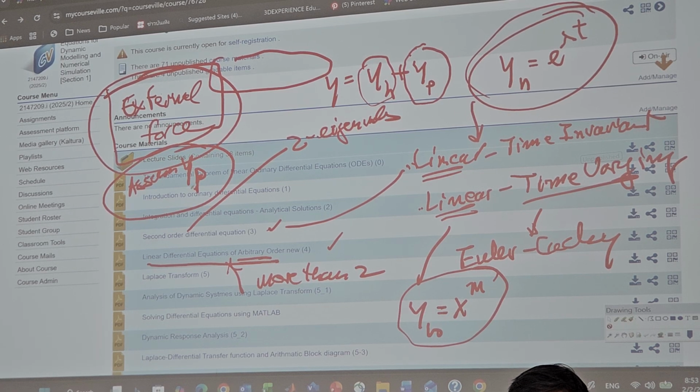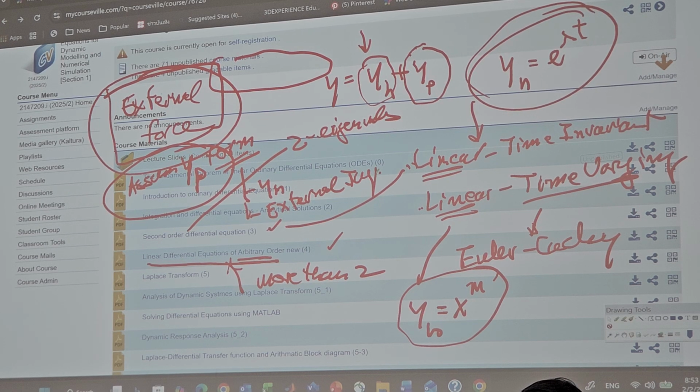To solve this one, you just assume the y particular form. Y particular can be assumed based on the homogeneous solution and also the input. Sometimes we look at the homogeneous equation, sometimes we look at the external input. So assume YP. Today I will show you a more general method for how to assume YP.